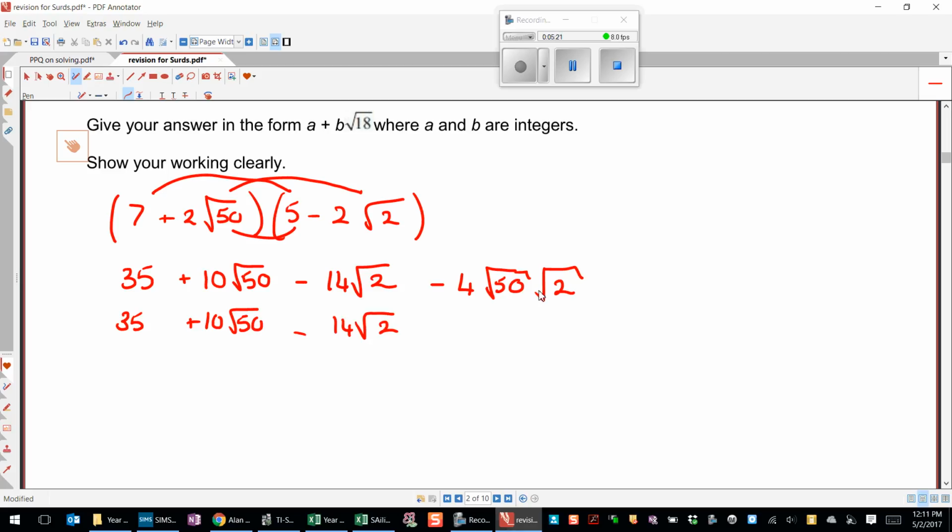But can we do anything about root 50? I'm going to change root 50 to something better. What is root 50 better off as? Is there a square number in root 50? Yes. What is it? 25. So it's 25 times 2.